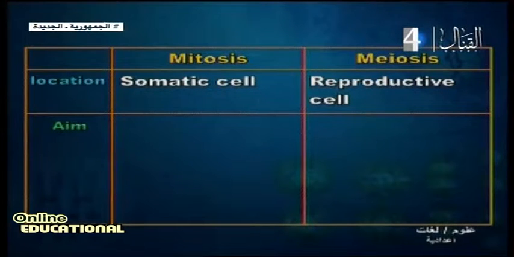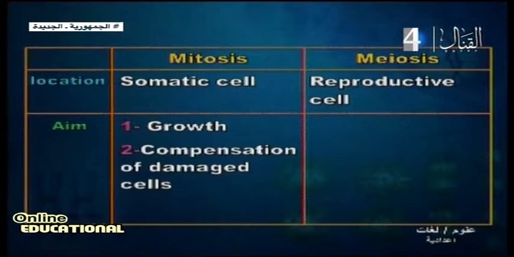Okay, the importance of division. Mitosis division is for growth of the living organism and compensation of damaged cells. So, our body cells or somatic cells undergo cell division called mitosis for growth of the body and compensation of damaged cells.